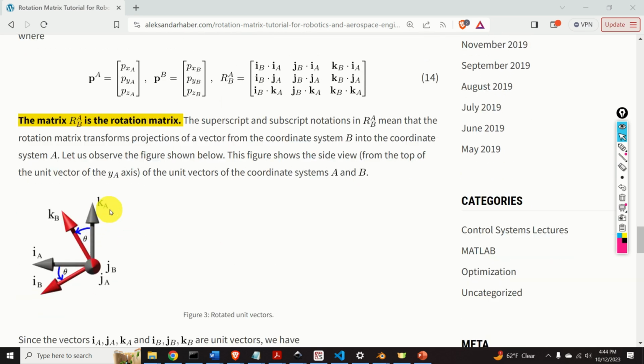Next, let us observe this figure. This figure shows the side view from the top of the unit vector of the YA axis, and it shows the unit vectors of the coordinate systems A and B. We can see the rotation over here.